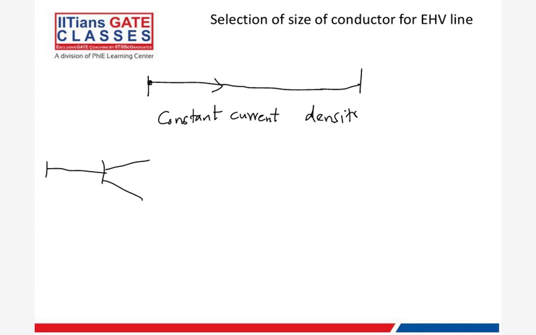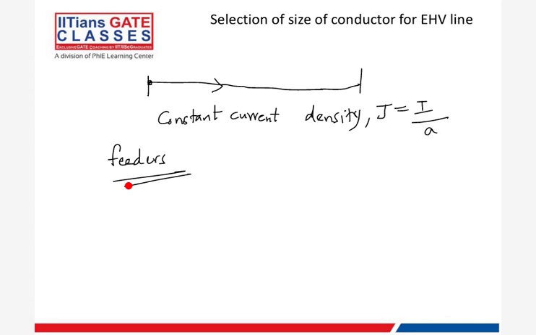That is one of the better advantages of transmission line operation. It has constant current density, right? If I represent it as capital J, which is I by A, where A is the cross-sectional area of the conductor, and the magnitude of the current throughout the length is the same, then such lines are known as feeders, right?